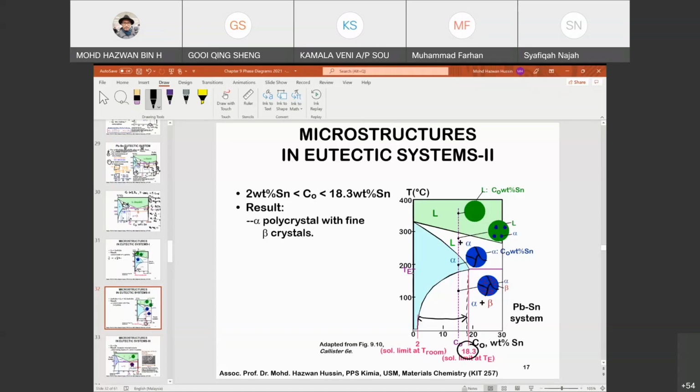At higher temperature you get liquid. Below around 300, you get liquid plus alpha, with the formation of alpha grains. At around 200, you have alpha, polycrystalline alpha. Finally, in alpha plus beta, you still have a background of polycrystalline alpha with small dots or grains of beta.